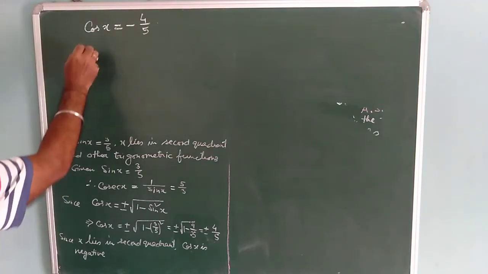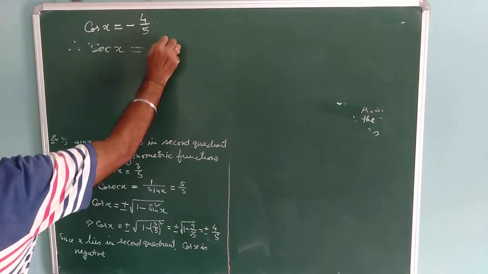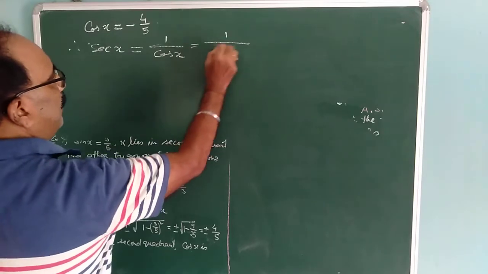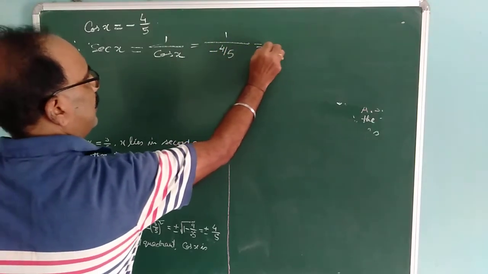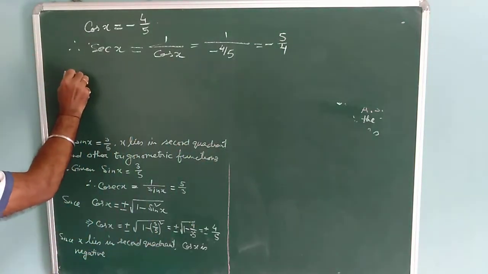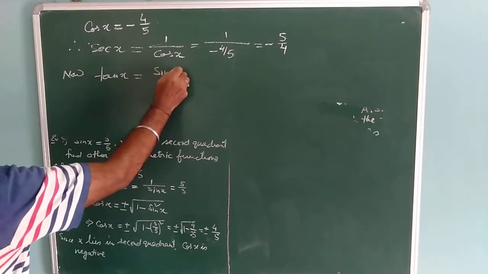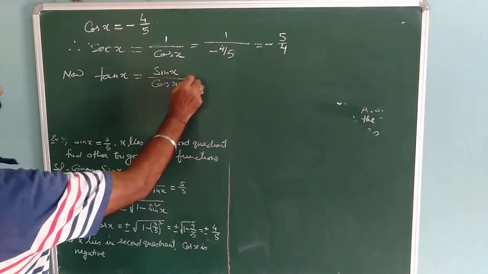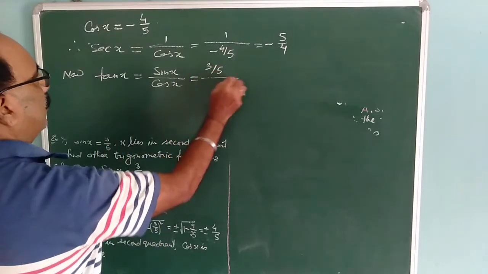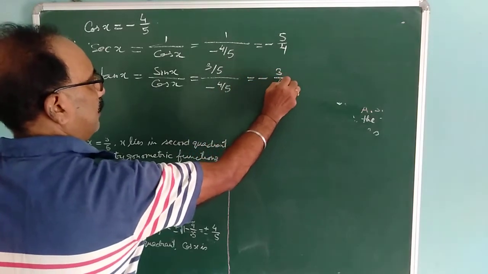We get cos from this, therefore sec is 1 by cos, that means 1 by minus 4 by 5, that is minus 5 by 4. Now tan x is sin x by cos x. Sin x is 3 by 5, cos is minus 4 by 5. This 5 cancels, we get minus 3 by 4.